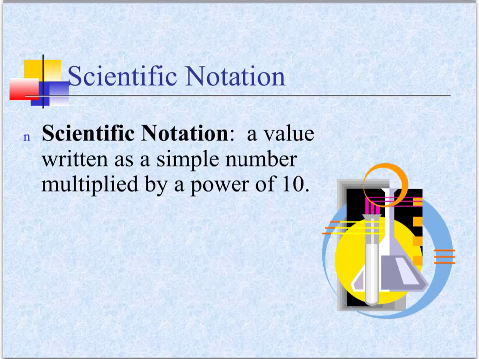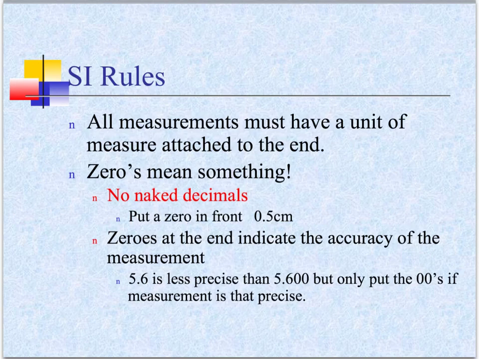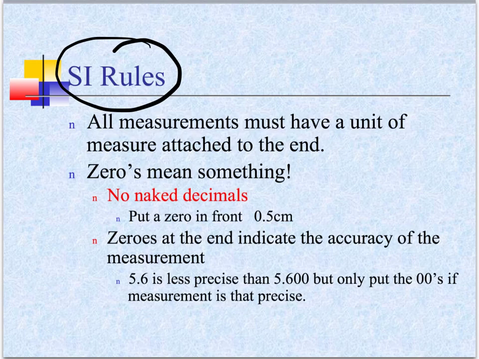Okay, the good news is we've already done scientific notation. So I want you to skip to slide 37. These are just some rules of the metric system. All measurements must have a unit of measure attached to the end. Zeros mean something.